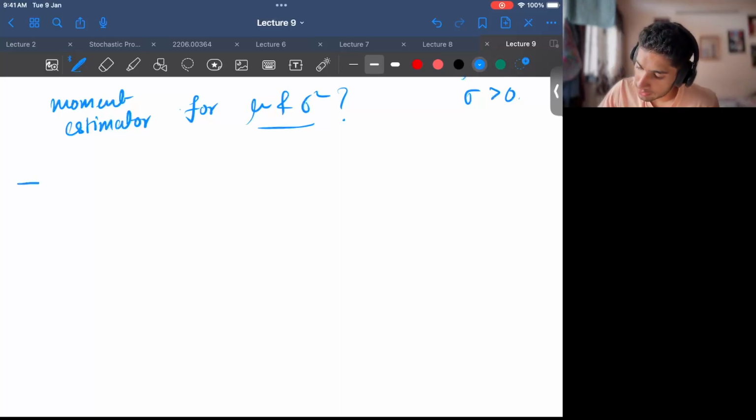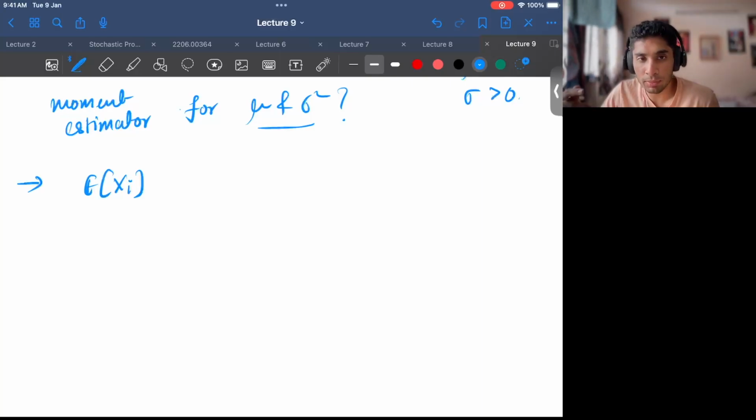Again, you have to do a simple thing. First of all, you have to find the expected value of xi, because only then you can find the first two moments for these two parameters, and proceed to solve equations to get the estimator for mu and sigma square.